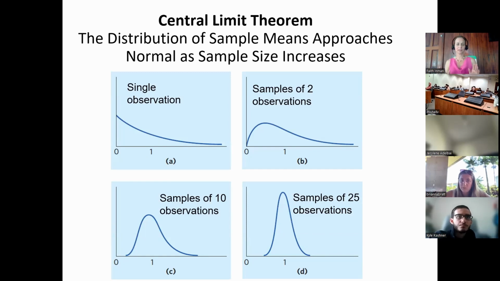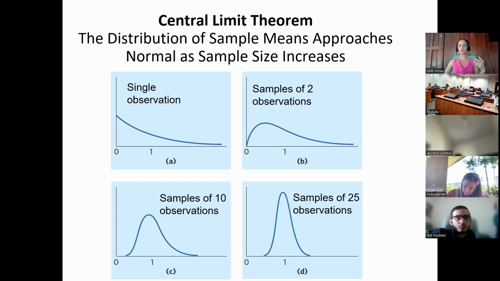More about the central limit theorem. The central limit theorem is a little bit confusing. It's like, what are they trying to say here? I break it down like this. This is the most helpful way for me to think of it. The distribution of sample means approaches normal as sample size increases.